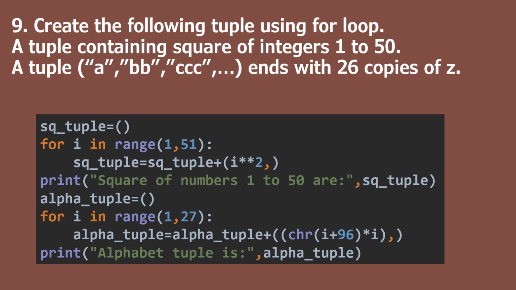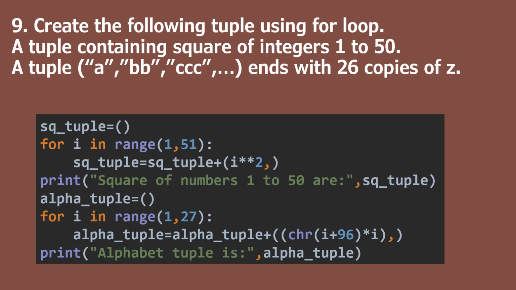So we have initialized a tuple, let's say sq_tuple, to store the squares of the numbers, which is blank initially. Now the for loop will iterate from 1 to 51, so that I will have values 1, 2, 3 till 50. And sq_tuple is equal to sq_tuple plus (i ** 2,).